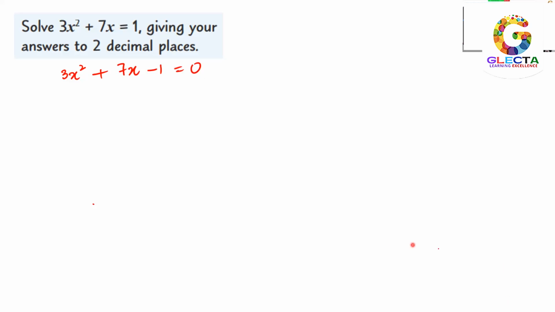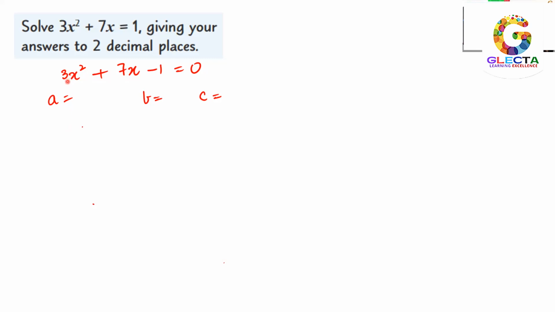Now, Ahmed, can you please tell me what would be the values of A, B, and C? A is the number which is along with x squared.